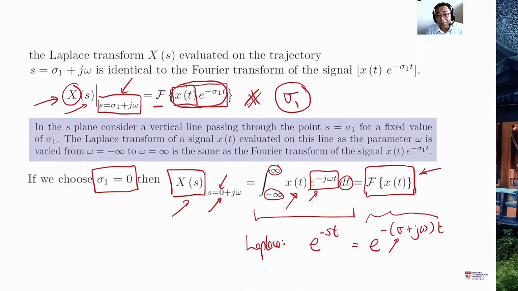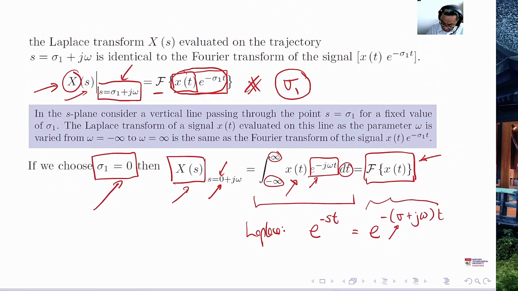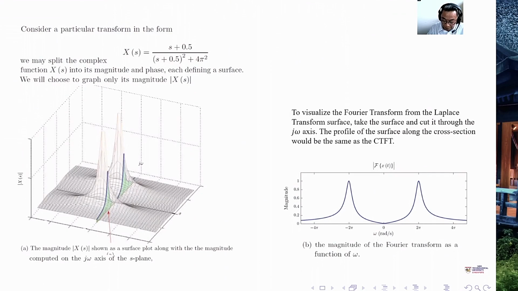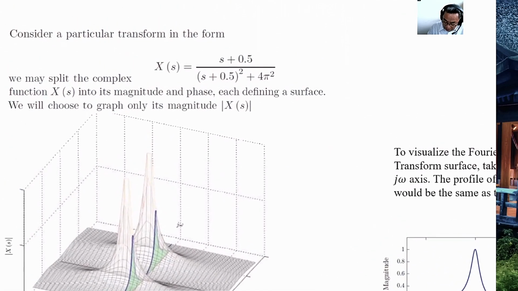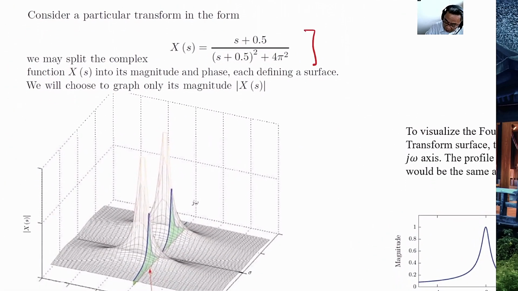Now we are going to see a nice picture of X(s), and we are going to take a look where sigma 1 is equal to 0. Let's first give you a representation of X(s). It will look normally like this.